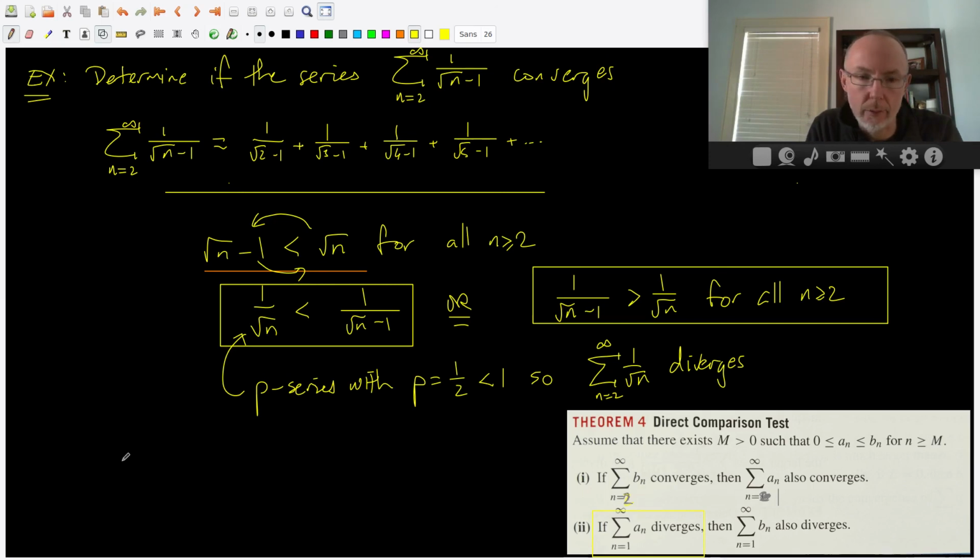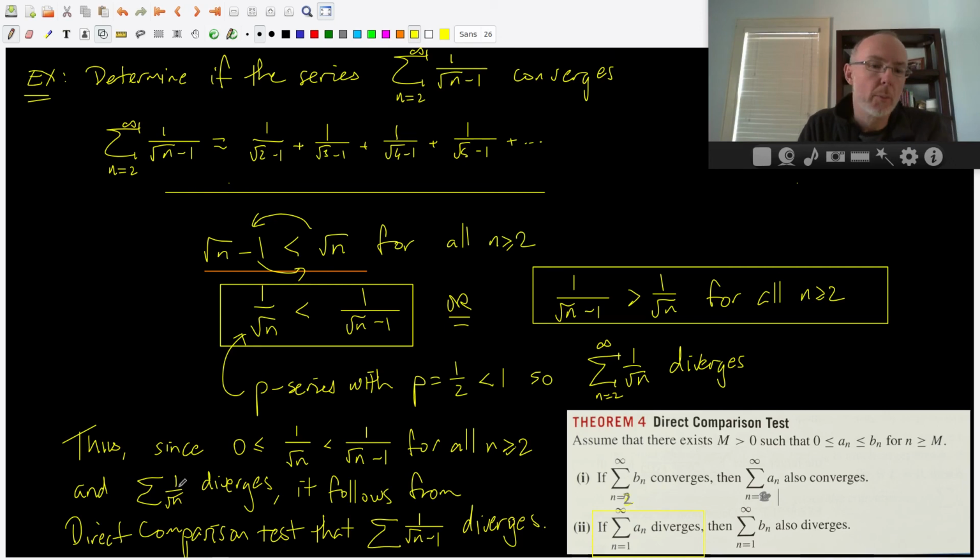In this case, because the smaller one diverges, we can put all of that together, laying it out exactly the way the theorem's worded. Laying out the inequality, 1 over the square root of n is always positive, but it's less than 1 over the square root of n minus 1, and if it's less than, it must be true that it's also less than or equal to. If you're worried about that inequality, then you can just put an equal to sign there. That's true for all n greater than 2.